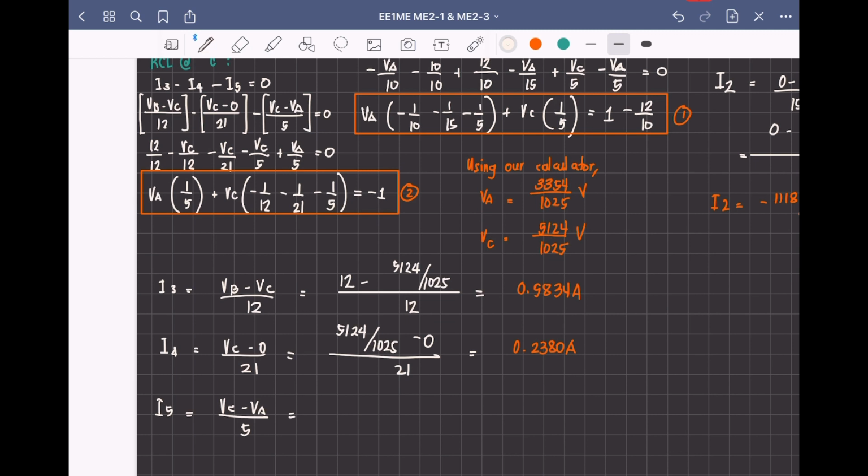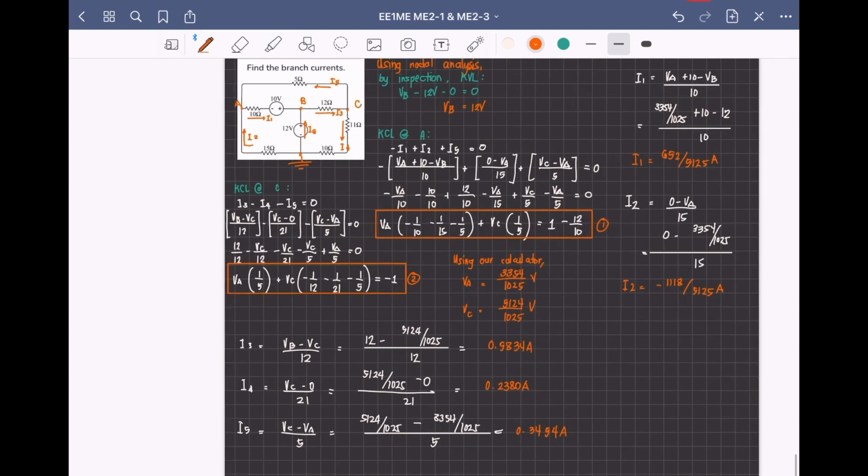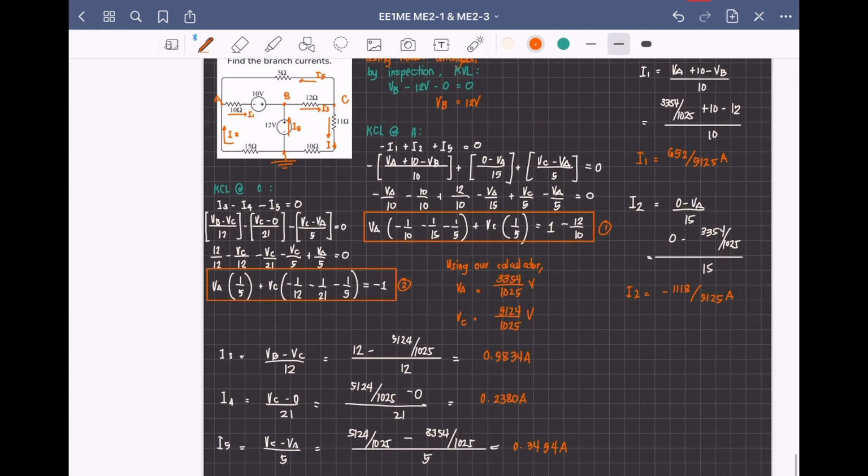And that by substitution would be 5124 over 1025 minus VA, which is 3354 over 1025, and then all over the resistance, which is 5 ohms. You'll be able to get the fifth current, which is 0.3454 amperes.